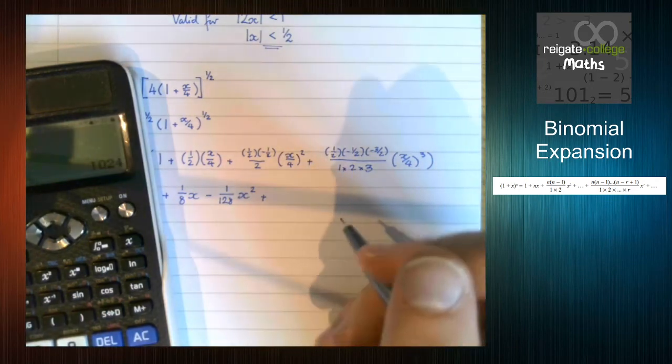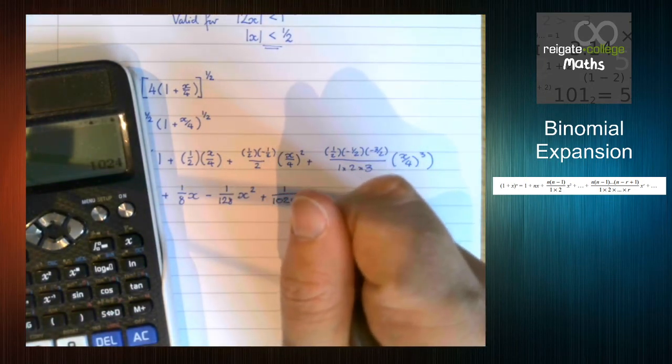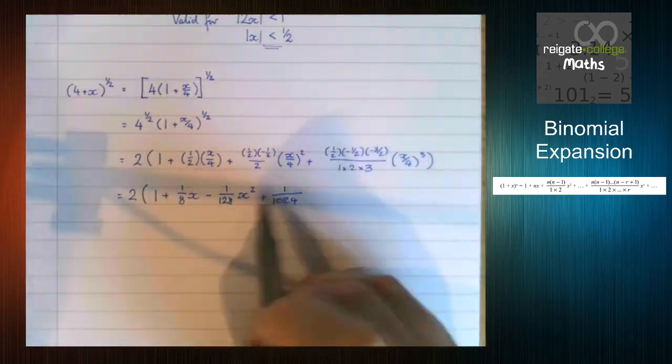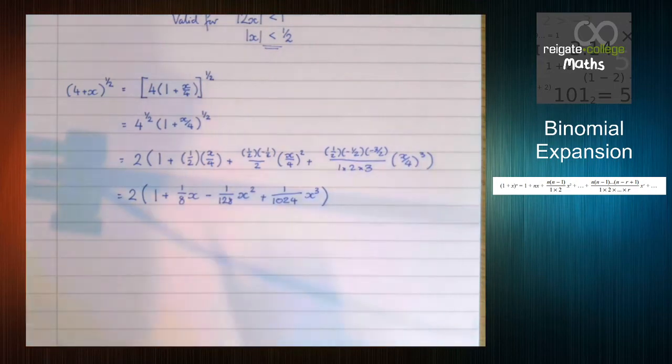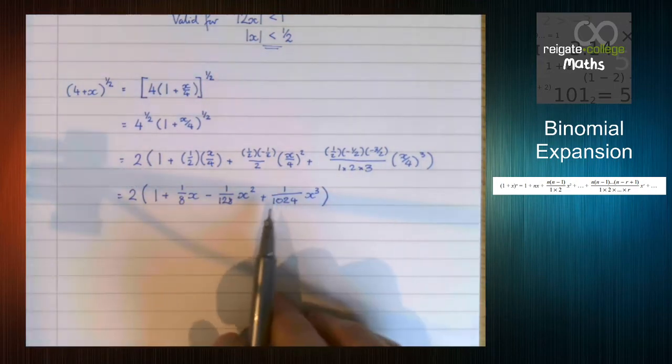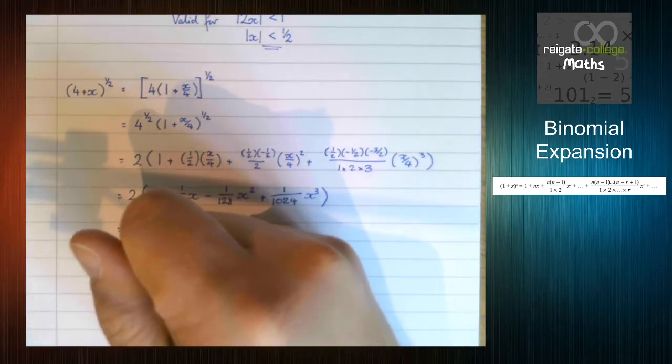Comes out quite large, but that's okay. Quite often with the binomial expansion, particularly when you've got this type of question, you end up with quite big numbers, or quite big denominators, so small numbers. All that's left to do is expand it out.